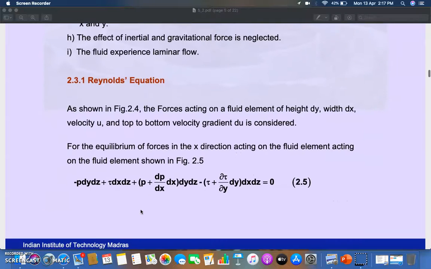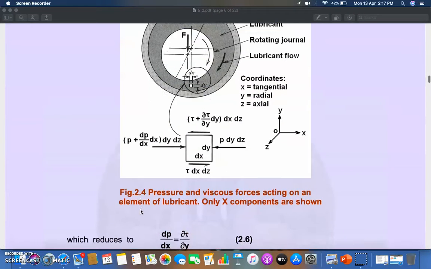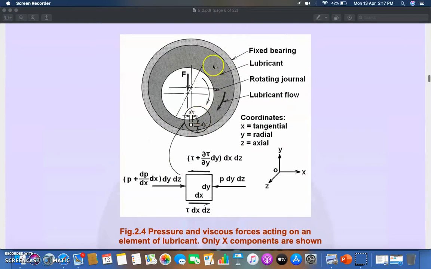If you see the picture first, this is your fixed bearing on the outside, this is the lubricant flowing inside, this is your rotating journal, and this is the lubricant flow direction. I have taken a small element of size dy and dx. If you apply the forces, you will find this kind of picture.